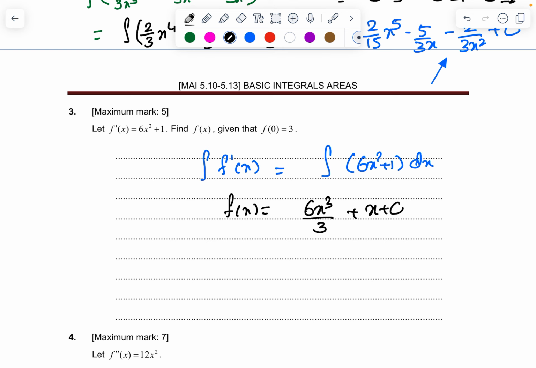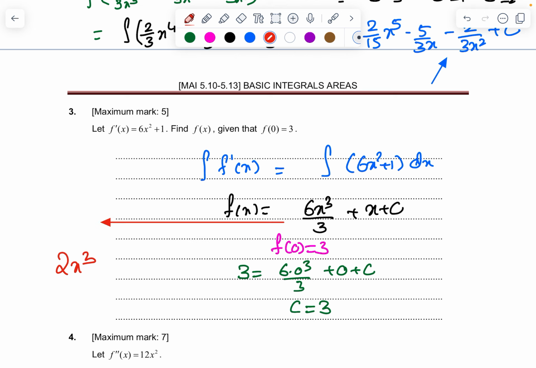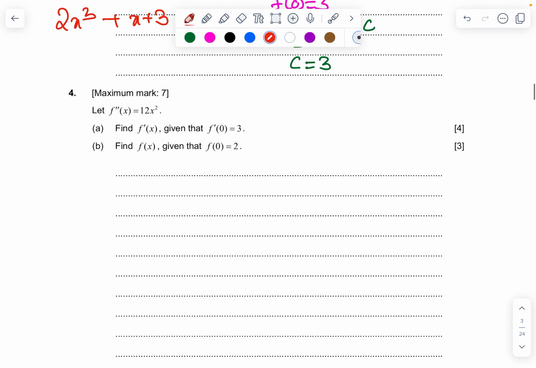But what has been given? It has been given f of 0 equals 3. So 3 equals 6 times 0 cubed by 3 plus 0 plus c. So c equals 3. So what's going to be the final answer? The final answer is 2x cubed plus x plus 3.